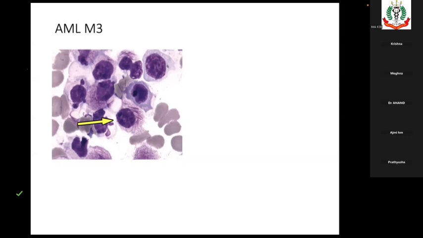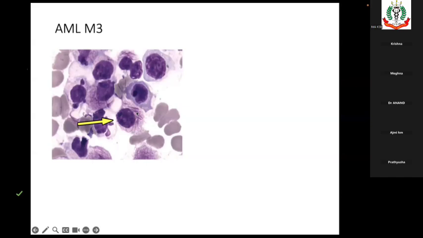But it's not available in all centers, but in smaller hospitals, we'll always do a bone marrow to confirm the diagnosis. And if they ask you to draw and label a myeloblast, this is how you should draw it. It is a very large cell with scanty cytoplasm.